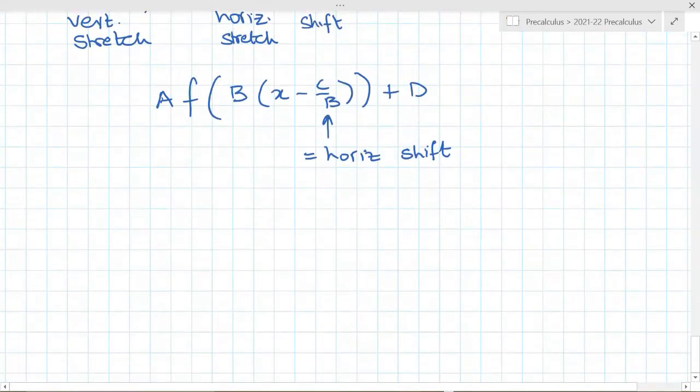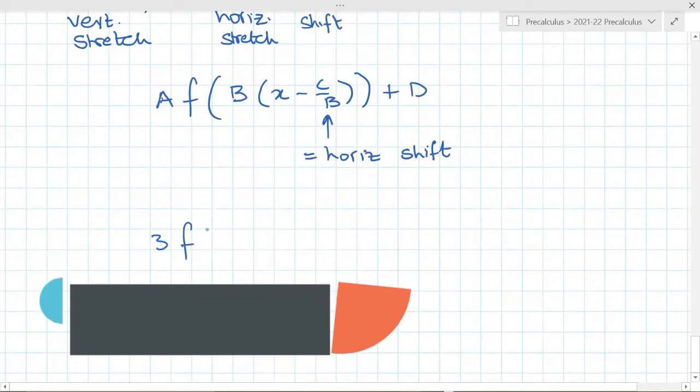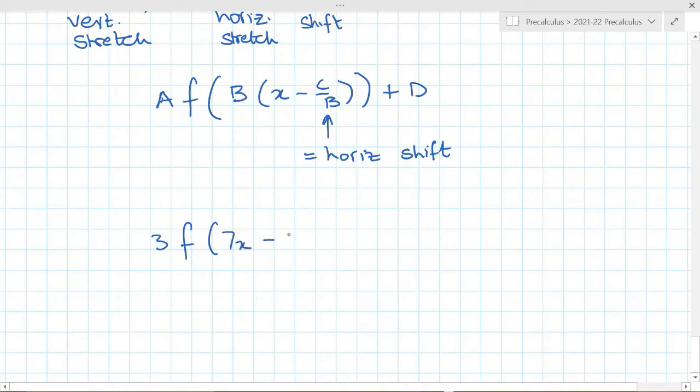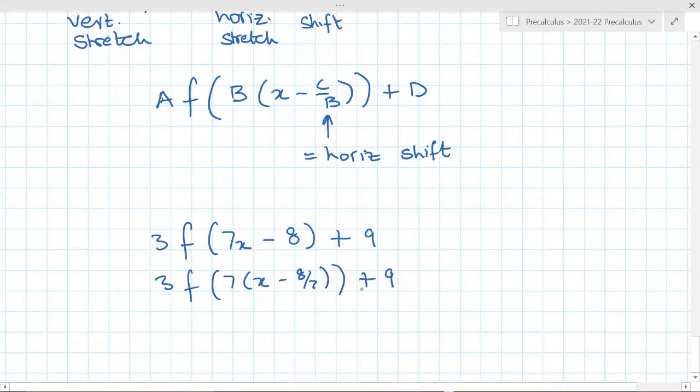For example, if I have 3f of 7x minus 8, plus 9, this is 3f of 7 times x minus 8 over 7, plus 9. So the horizontal shift is 8 over 7. When it is negative, it goes to the right, correct?